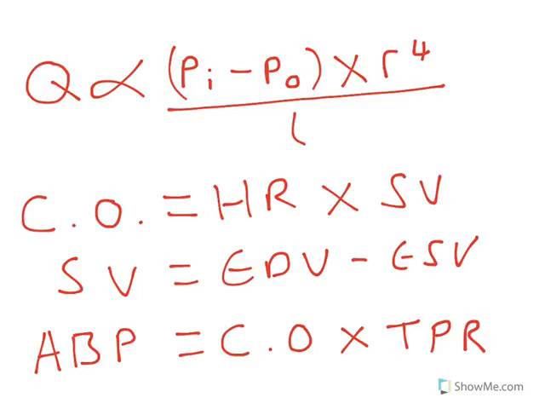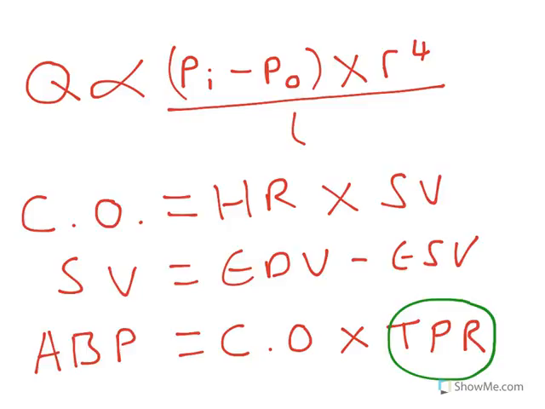Now, total peripheral resistance is a relatively straightforward concept to understand, and it's basically the amount of resistance that the vasculature offers against the heart. So it's how much resistance the heart has to pump against to get blood out from the ventricles.